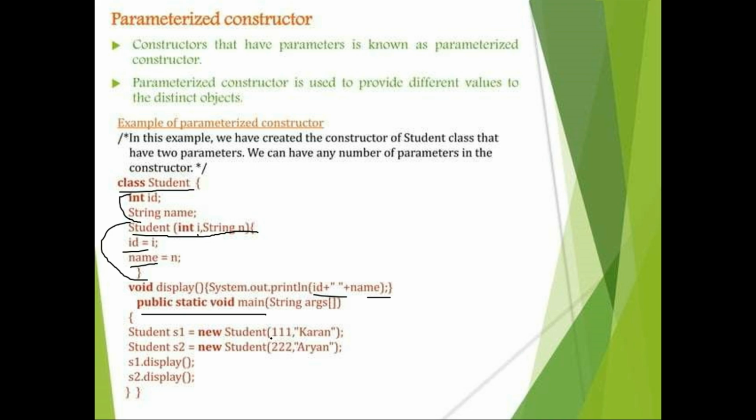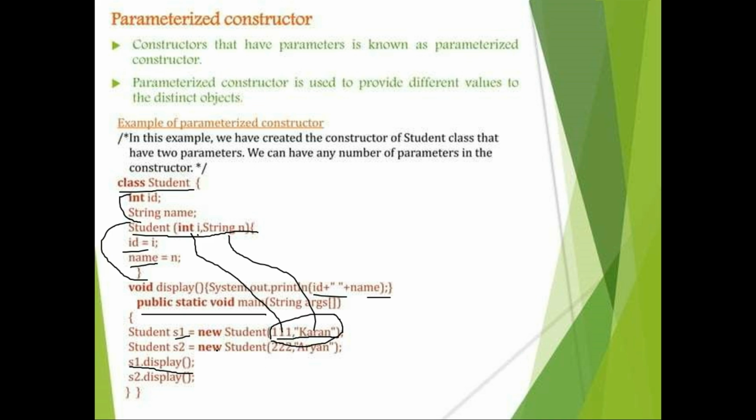In that object creation, we have passed two values, 111 and Karan. 111 is the id of the student, that is integer type, and Karan is the string type. So we assign the value 111 to the id and Karan to the name of the s1 object. If we call s1.display, it shows the values of s1.